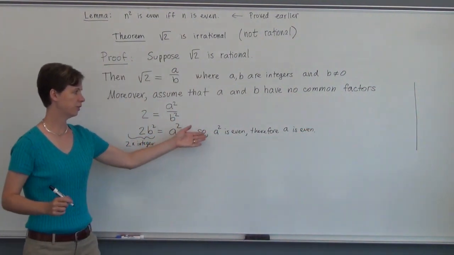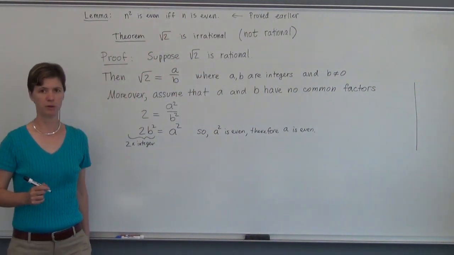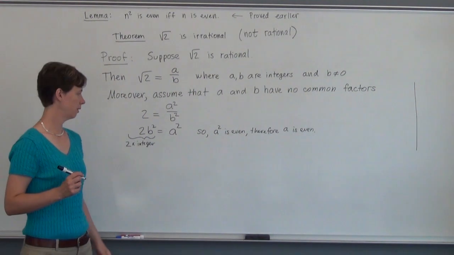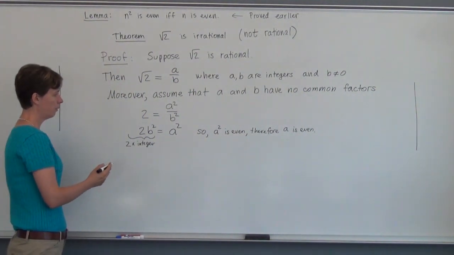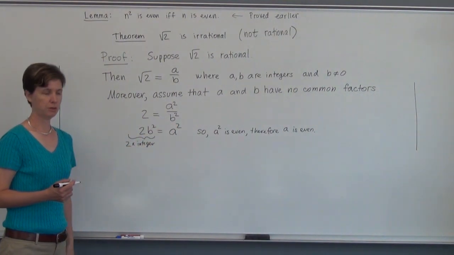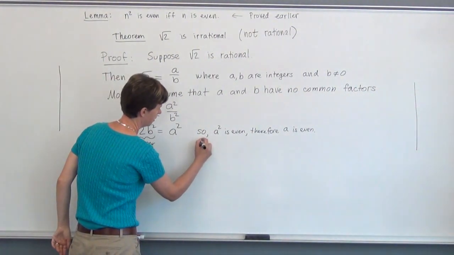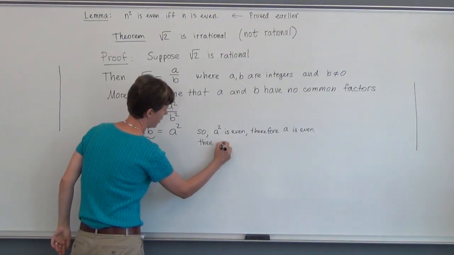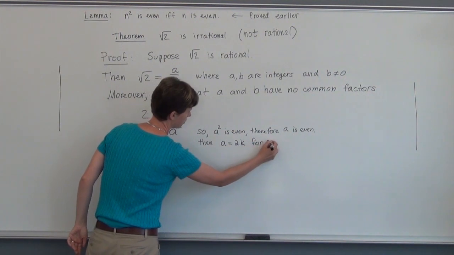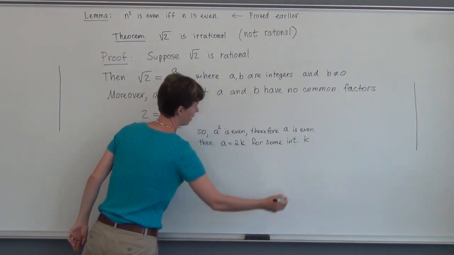And again, we can make this conclusion because we already proved the lemma up here. If the square is even, so is the number. All right, now since a squared is even and a is even, I can say then a is equal to 2k for some integer k.